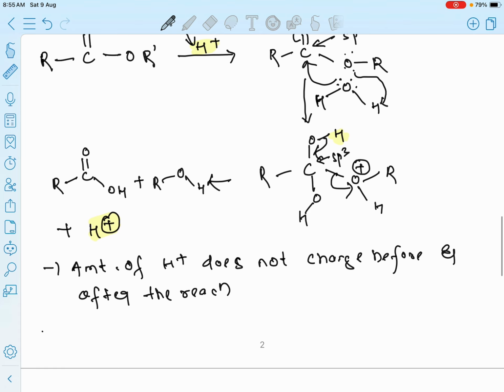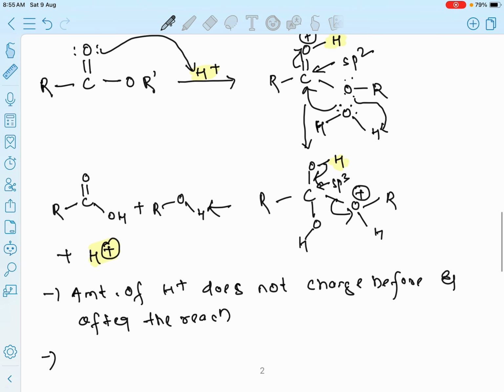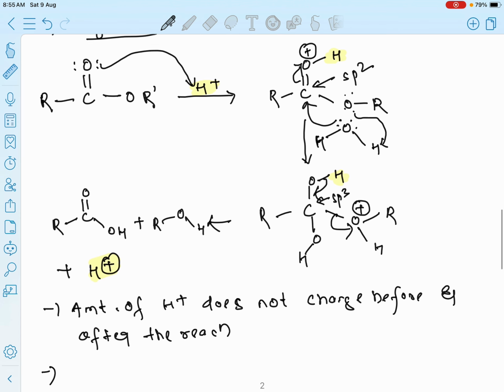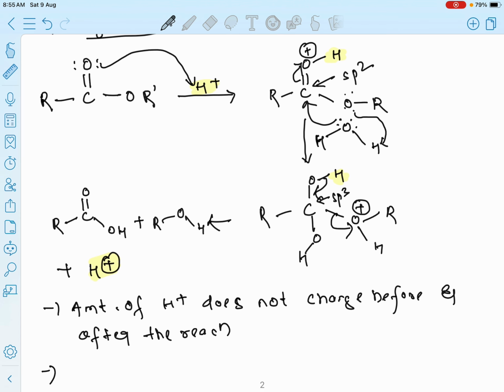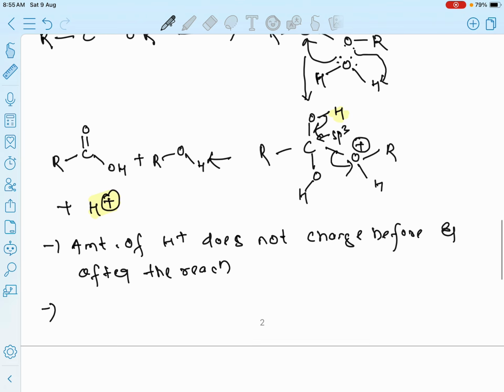Also, the addition of H plus actually makes the carbon much more electrophilic, which results in a faster attack of the water molecule on the carbonyl carbon. Therefore, the addition of H plus to the ester makes this hydrolysis process much faster. Therefore it accelerates the rate of the reaction.